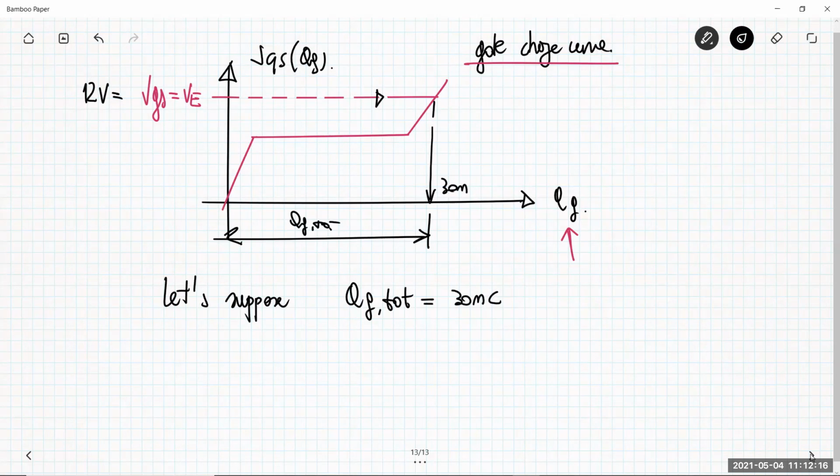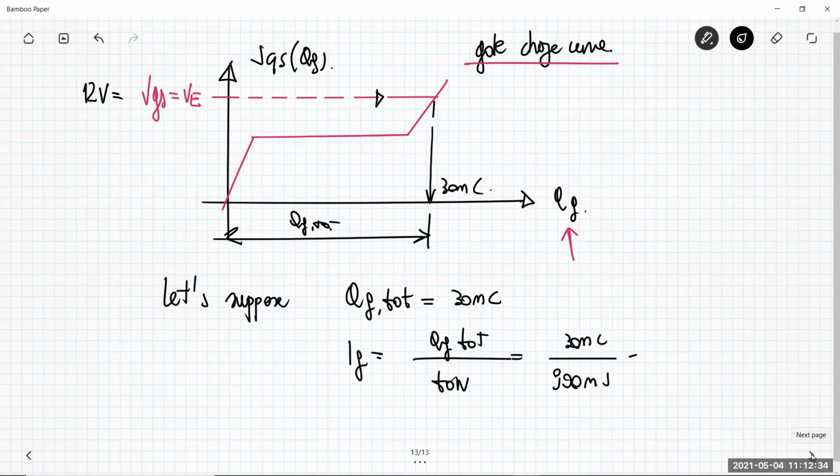So the current I have to provide by my external driver for the MOSFET is QG total divided by the time interval T on. So 30 nanocoulomb over 900 nanoseconds, previously computed as 3%, and this is 33 milliamp.